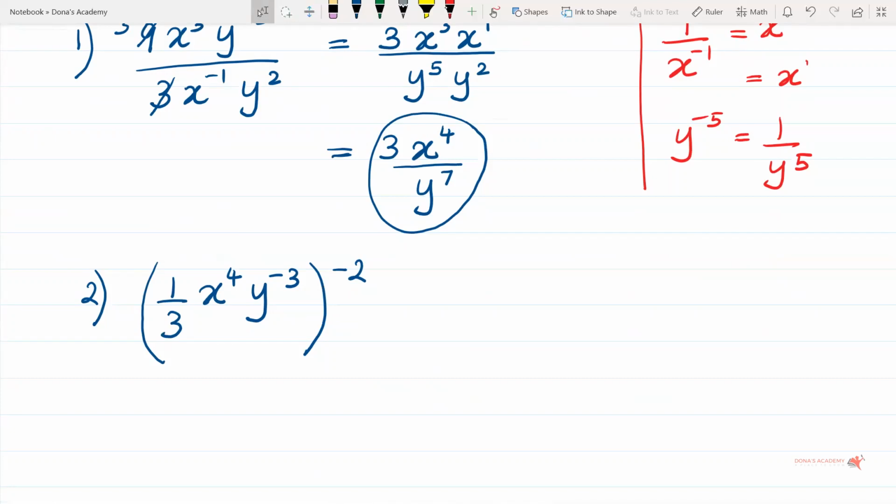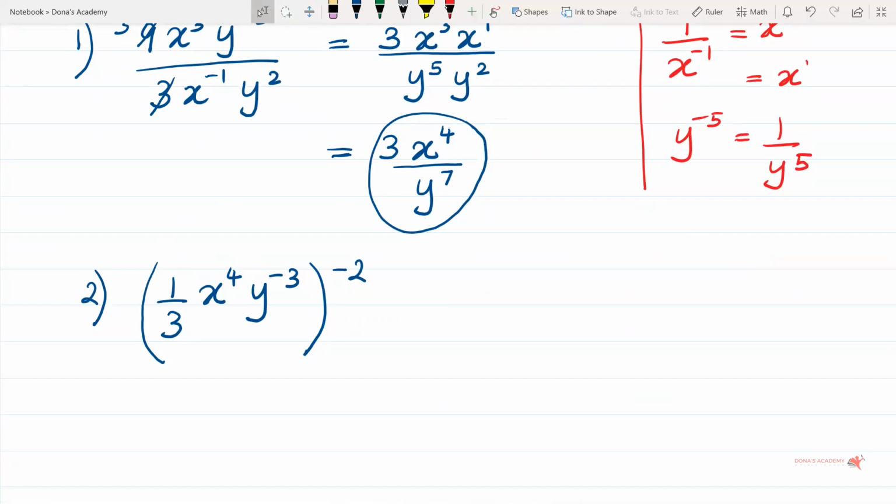Now, even though I proved the laws of exponents assuming that the exponents are positive, if you remember that, if you don't remember that, please go back to that video. I have also copied a link for that lesson 1 in the description of this video.